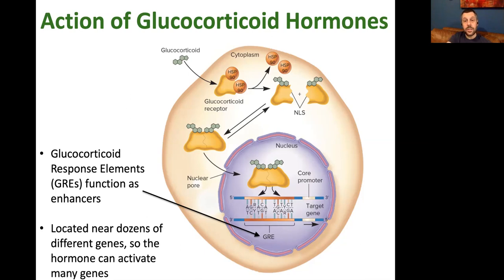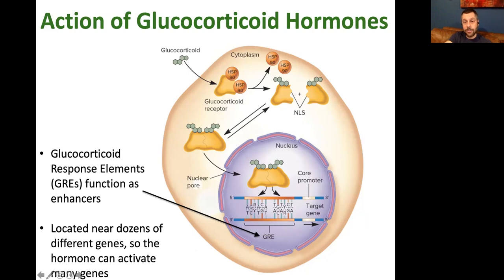So here's what happens. The glucocorticoid receptor is sitting around in the cytoplasm of this cell, bound by these two different proteins. They're both two examples of the same protein, HSP90. Now, when the glucocorticoid receptor is bound by the hormone, these HSP proteins actually fall off.